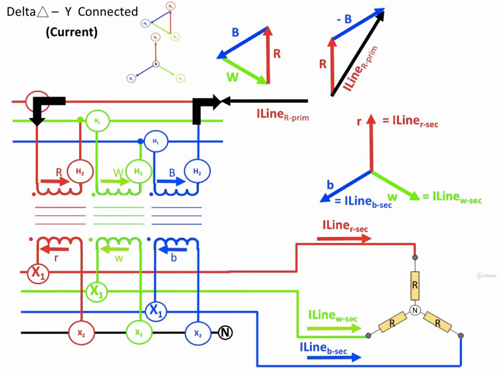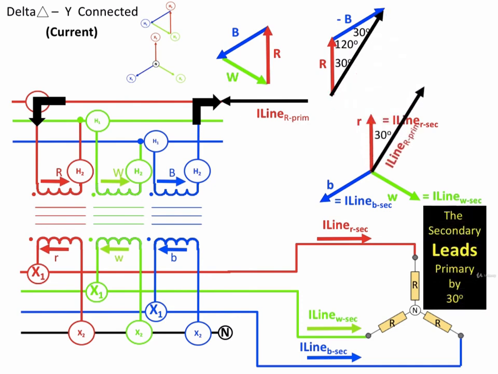Adding those two vectors or phasors together gives us a total current flowing in the red phase primary line, which forms an isosceles triangle, which we should recognize, whose contained angles are 120 and two at 30 degrees.